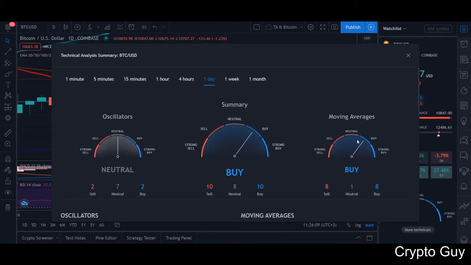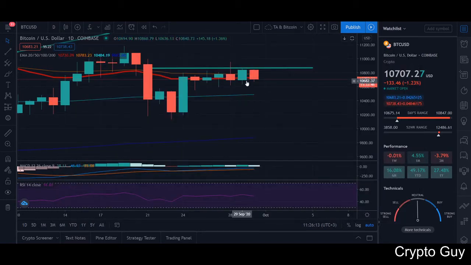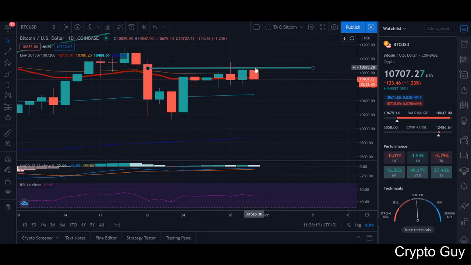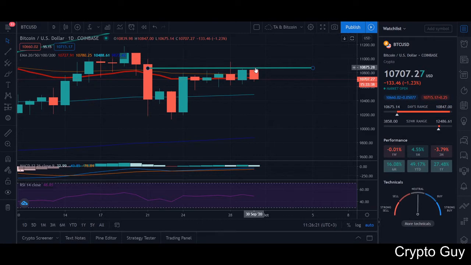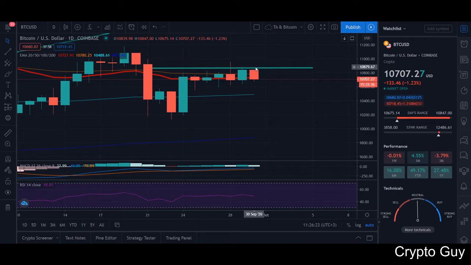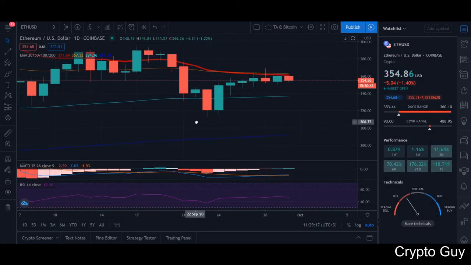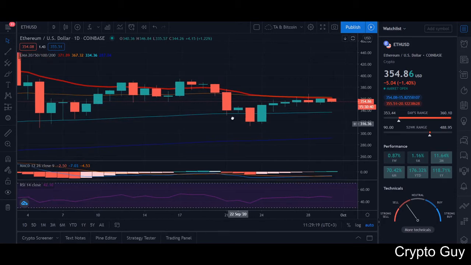Moving average is also indicating buy. So we are sitting on a very strong support line here, which is the 20 weekly moving average, and the resistance on the top at the moment is 10,850.